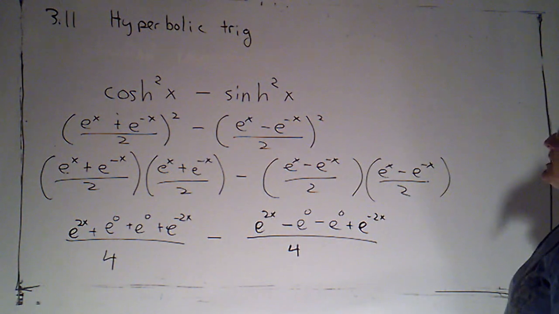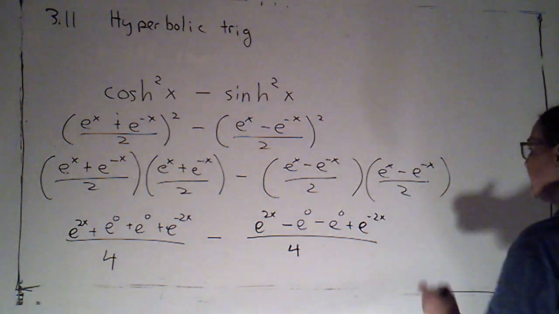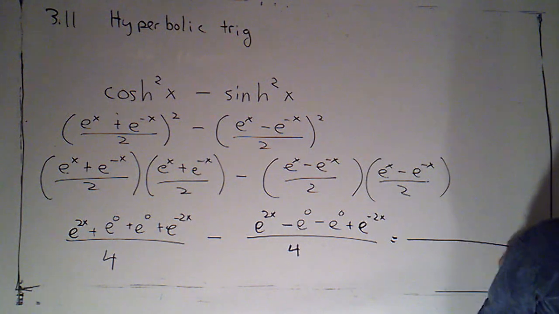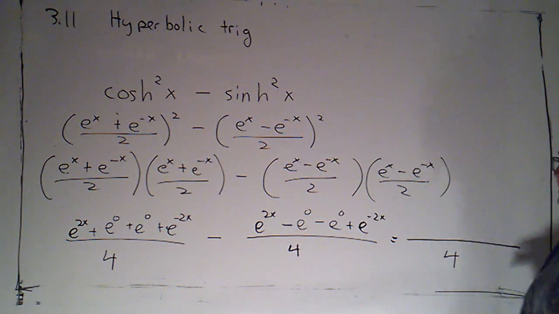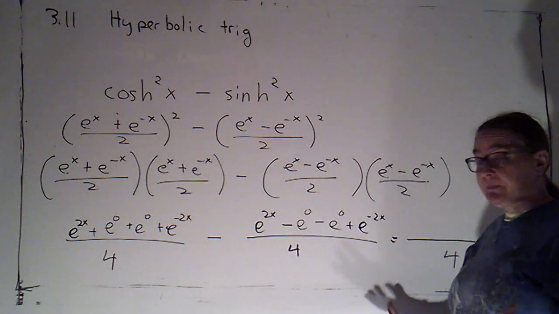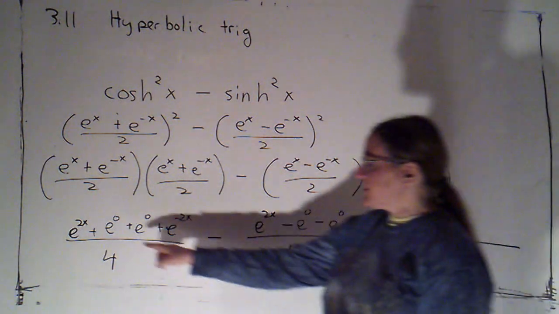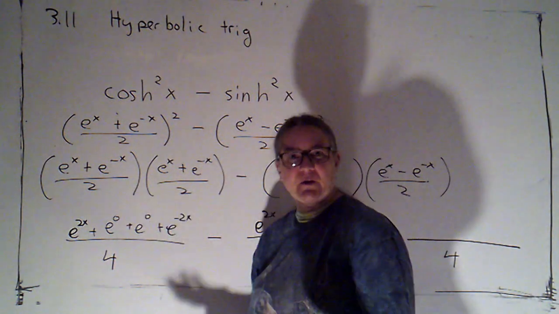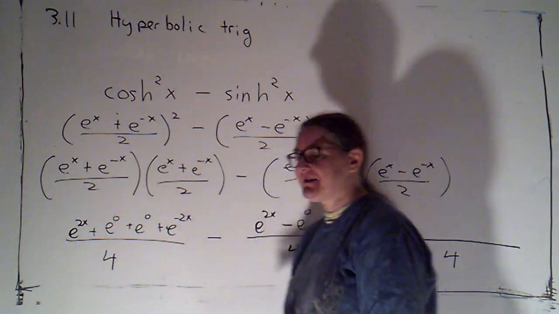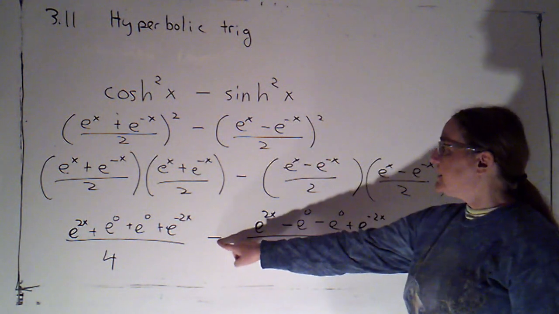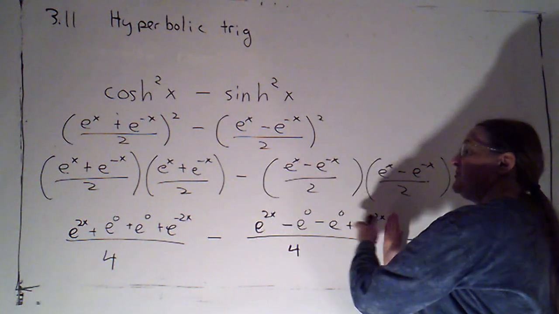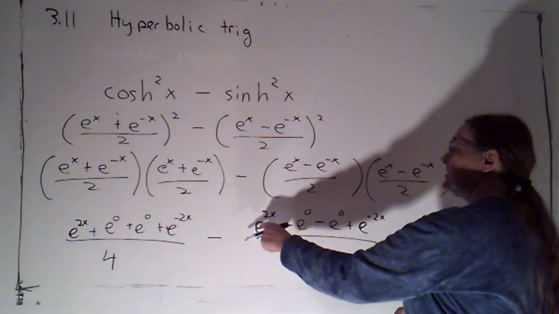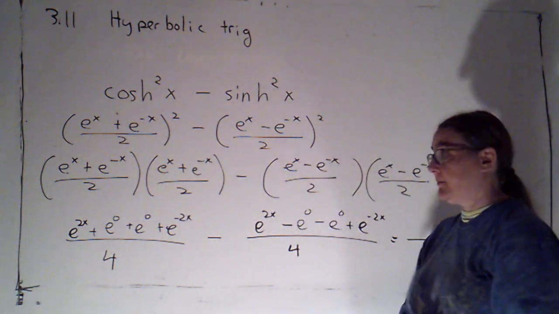Okay, so what I'm going to do now is combine this all into one fraction all over 4. As I do that, I'm going to do a couple of things to simplify. First of all, I've remarked that e to the 0 is 1, so I'm going to replace e to the 0 with 1. Second, this negative applies to the entire fraction here, so I'm just going to distribute it to each term on top.